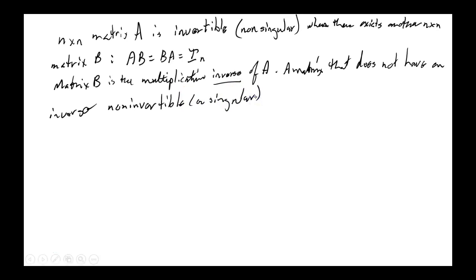So notice invertible is non-singular, non-invertible is singular. Non-square matrices do not have inverses. You cannot take the inverse of a matrix that is not square. So don't even try.